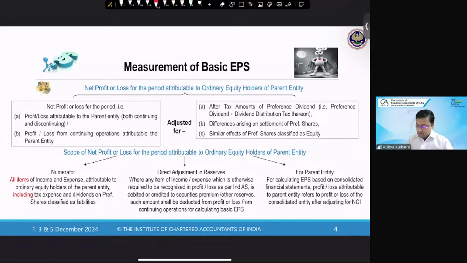Now, when I talk about net profit, it is profit from both continuing and discontinuing operations. If I talk about consolidated financial statements, it is profit or loss attributable to the parent entity. And obviously from continuing.